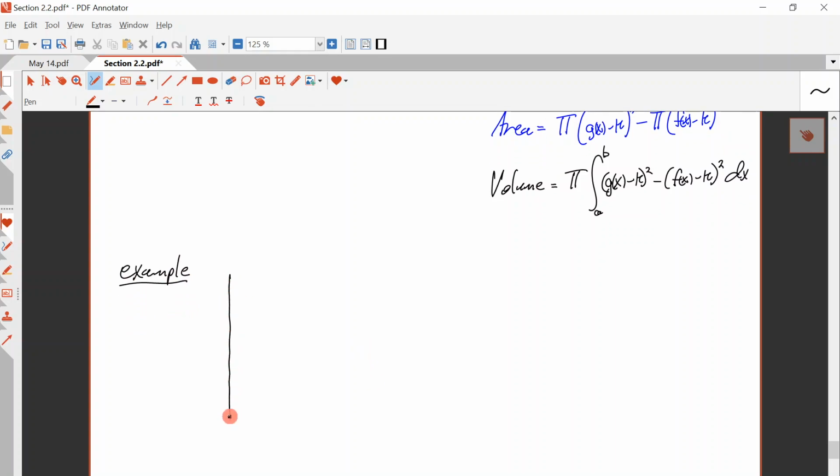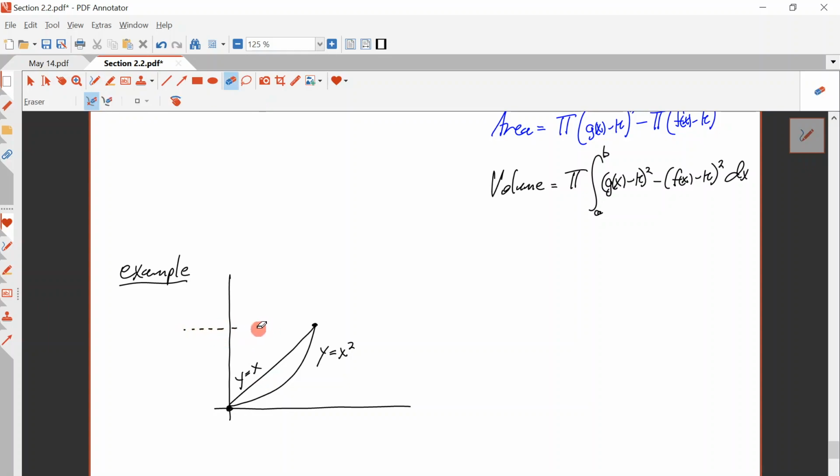So here's my region. I'm going to have y equals x squared, and then the line y equals x. I'm going to revolve this thing around the line y equals 2.